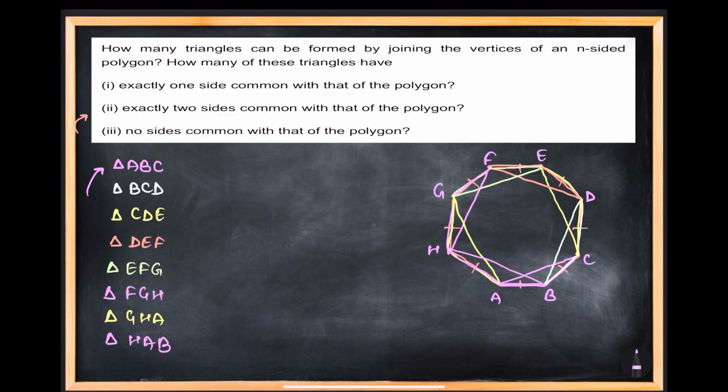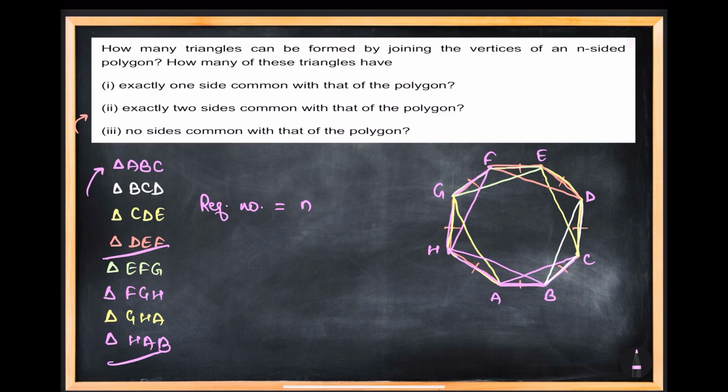So for the octagon we got 8. If it is an octagon, we will have 8 triangles. Nonagon, 9 triangles that will share two sides in common. Now, if it is an n-sided polygon, can we say the required number of triangles would be n?